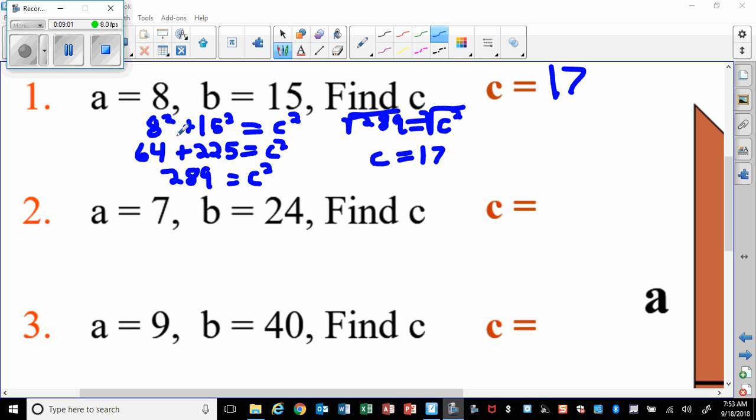Okay, so looking at this next one, we would end up with 7 squared plus 24 squared equals C squared. And 7 squared is 49. And 24 squared is 576.